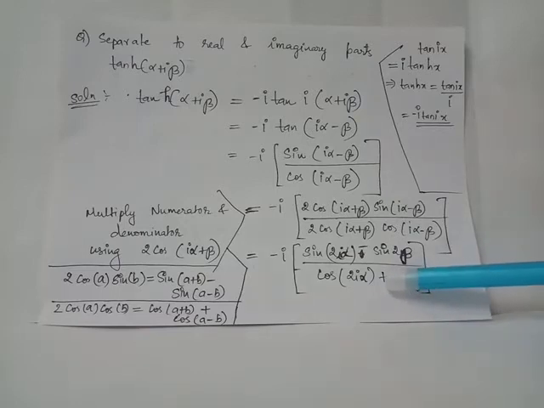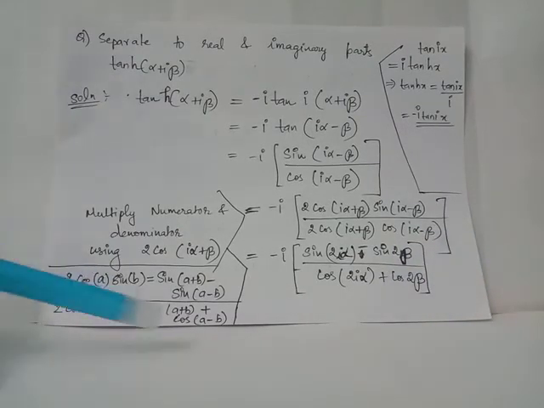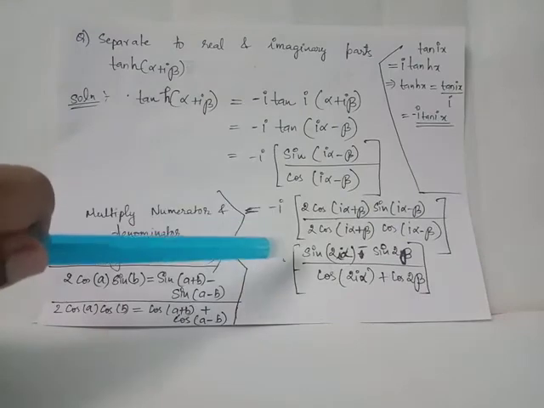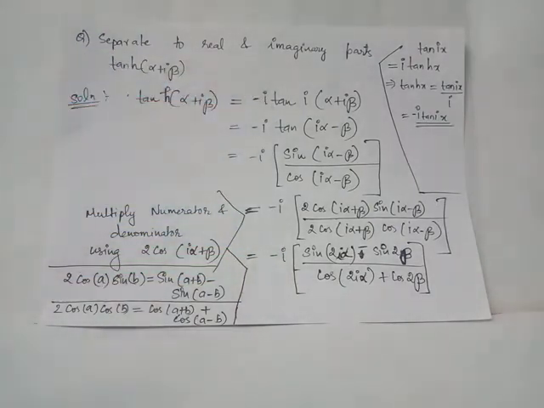In the denominator, we have a plus sign which appears from the identity, and the next term in the denominator is obtained by cos I alpha plus beta minus I alpha plus beta, which is cos 2 beta. We have a minus I multiplied to all this expression, which comes from the relation we have proved.